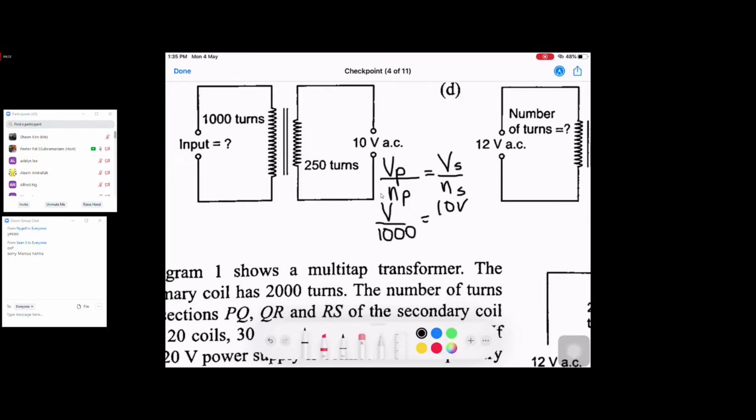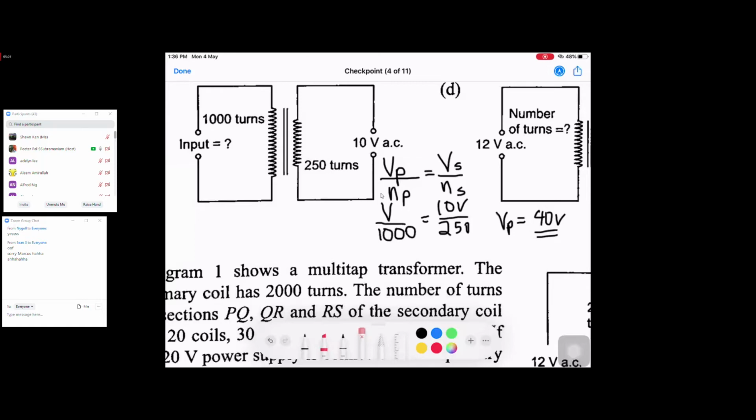Number of turns is 250. So what is the primary voltage, guys? Input voltage? 40. 40 volt. Very good. Whose voice is that? Yisheng. Very good. Done with this.